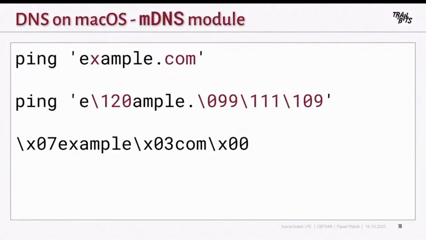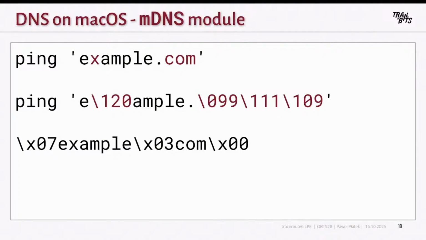Domain names can be represented in a few ways. You can have the human readable representation, and there is the Unicode encoded representation that I think is not standardized. It's internal to Apple, probably. And there is the wire format, where you have subdomains prefixed with a 1-byte length.